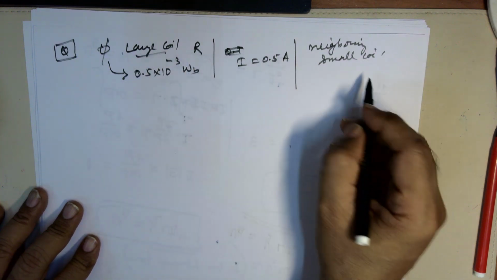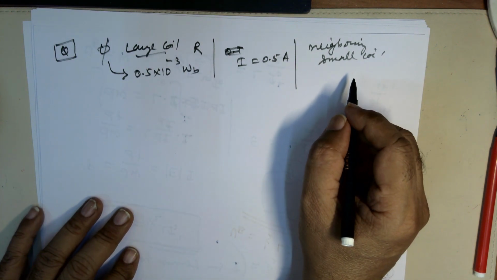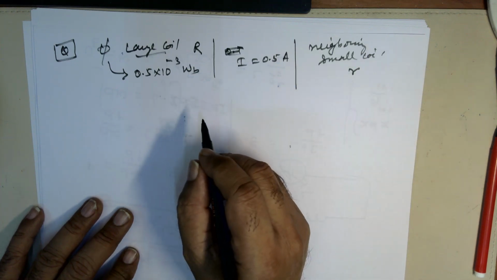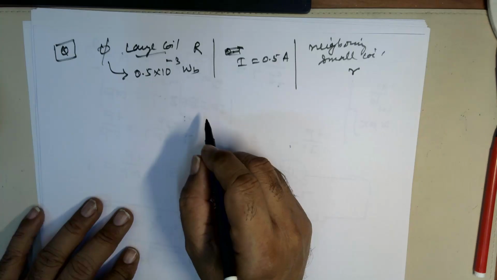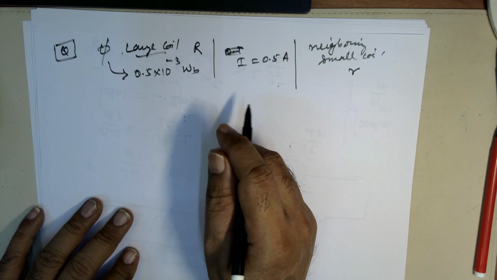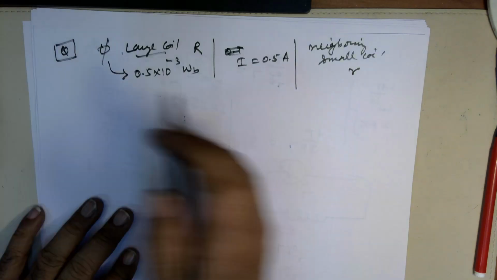This is the large coil of radius r. Calculate the coefficient of mutual inductance.